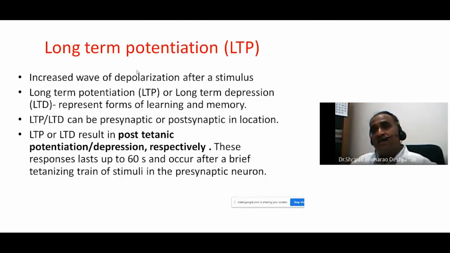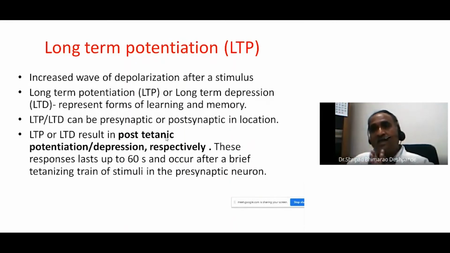So depression of the inhibitory neurons may help to learn certain components, and excitation, or increased depolarization of the excitatory neurons, may help to learn certain things. Like that, there is a balance of long-term potentiation and long-term depression. Long-term potentiation and long-term depression can happen presynaptically, at the presynaptic terminal, or postsynaptically, on the postsynaptic membrane. These result in increased activity after a tetanic stimulation.